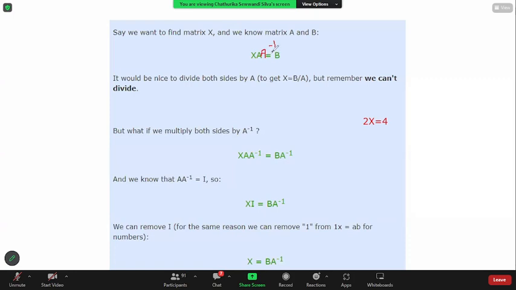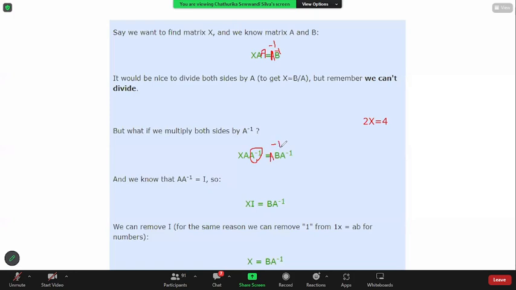On the right hand side, you may be wondering, why can't we place A inverse like this? Here A inverse is added at the end of XA. Here also they have added A inverse to the right hand side after B. You may be wondering, why after B?